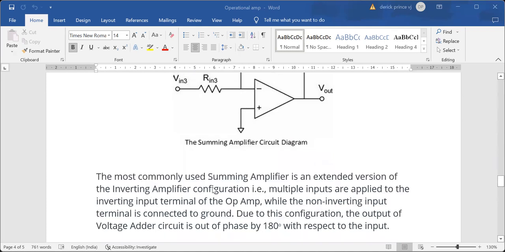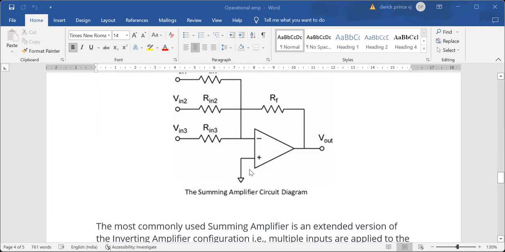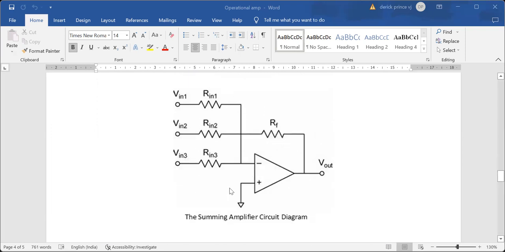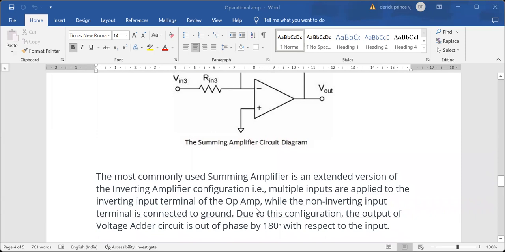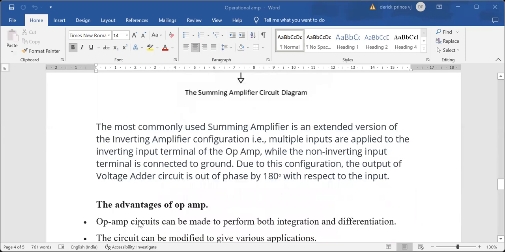The most commonly used summing amplifier is an extended version of the inverting amplifier configuration. Here we have given three inputs through three resistors, and the non-inverting input terminal is connected to the ground.